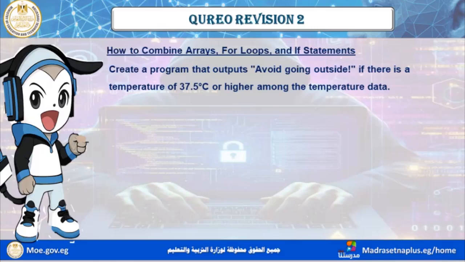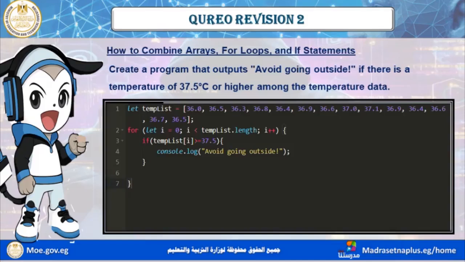So we have the condition here, and we have to show a message if a certain condition is achieved or met. Look at this program. Let templist equal and get the different elements of the array temp list, of course, which is about the temperature data within 14 days.